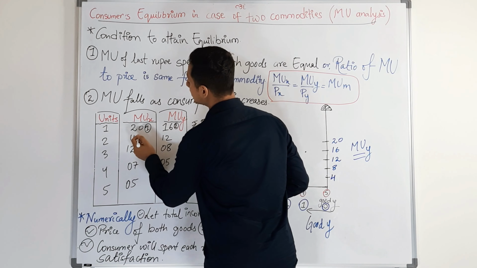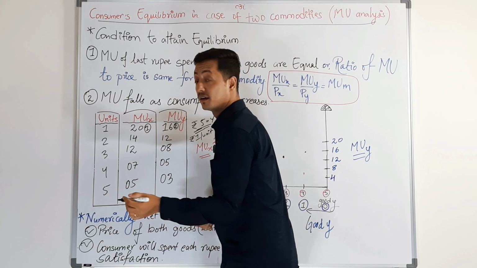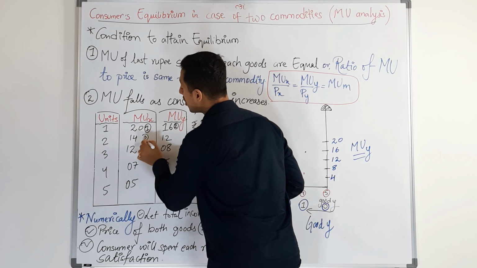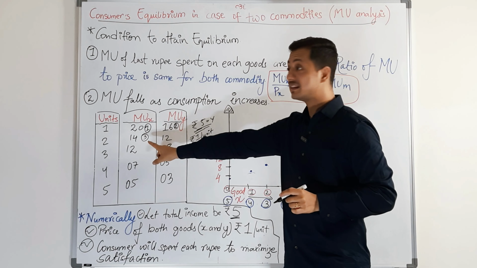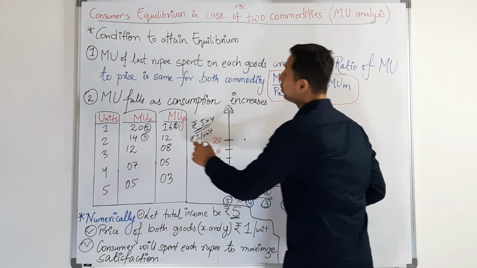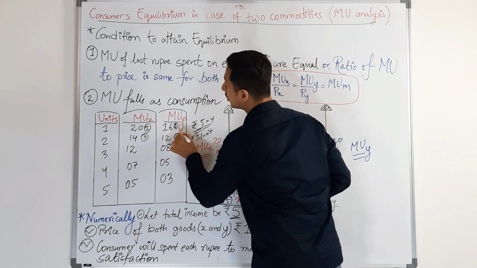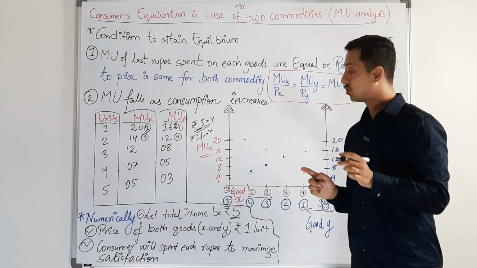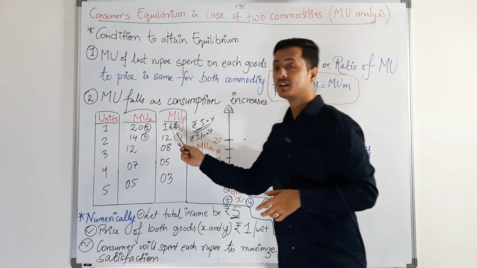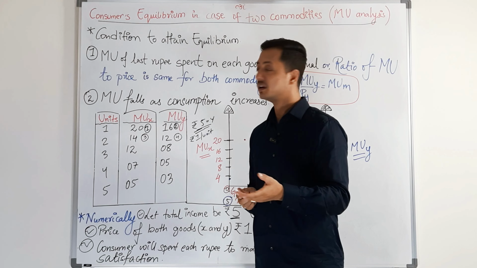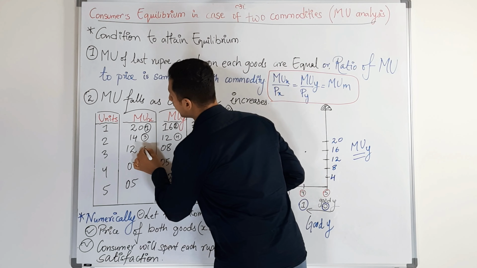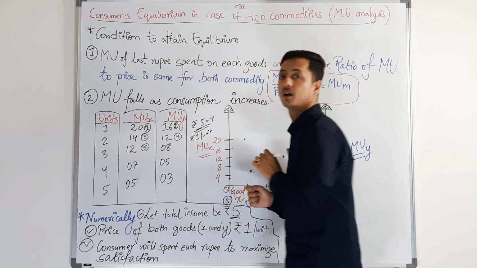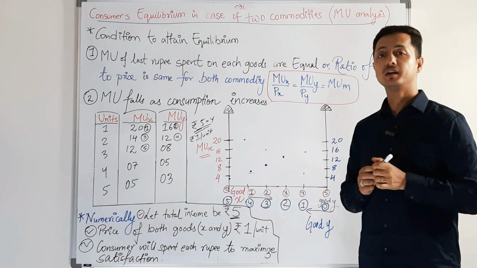Then he will spend the third rupee on good X, right? Then the fourth rupee he will spend on good Y, because it is giving the highest satisfaction, right? And the last rupee the consumer is spending on good X, right?